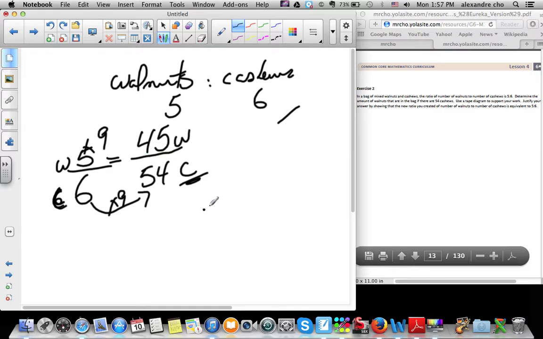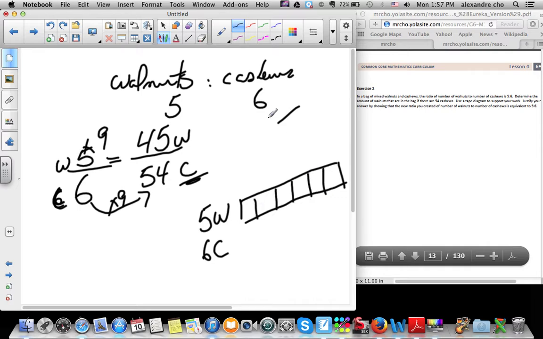Another way of doing this is, see, 5 walnuts, 6 cashews is drawing a tape diagram. So you're going to draw something that's 5. 1, 2, 3, 4, 5. That represents your 5. And we're going to create one that represents 6, so we're going to make it a little bigger. 1, 2, 3, 4, 5, 6.